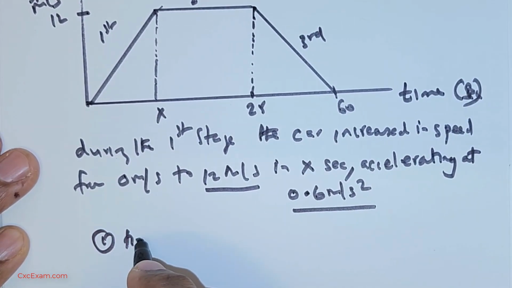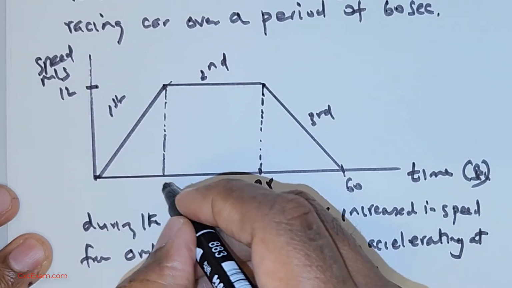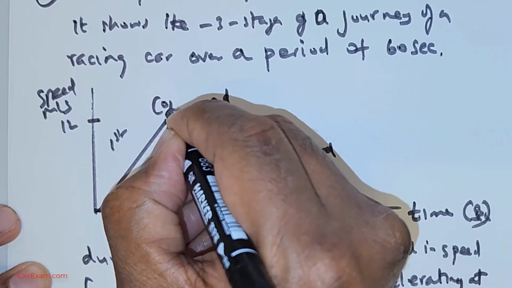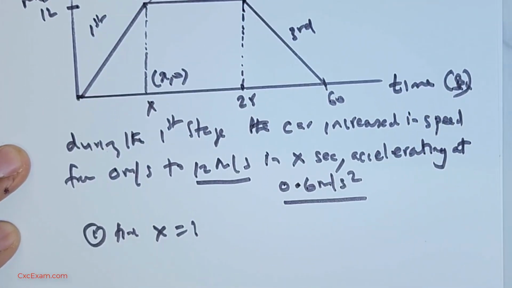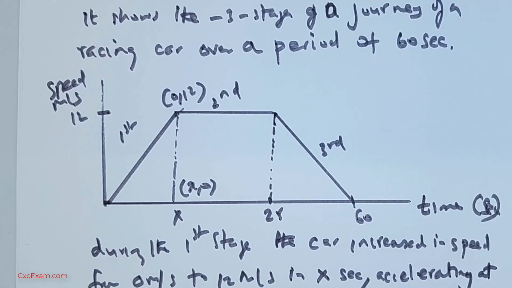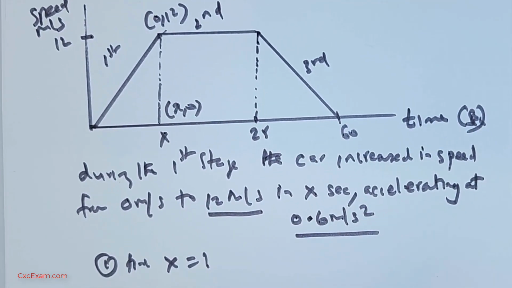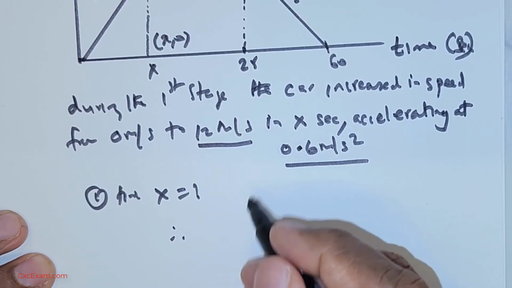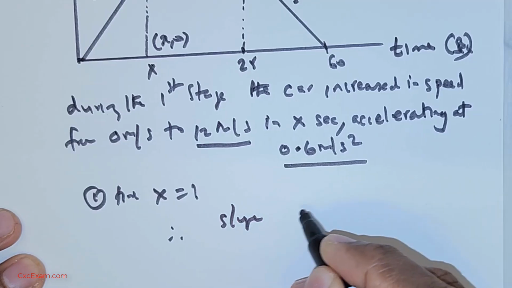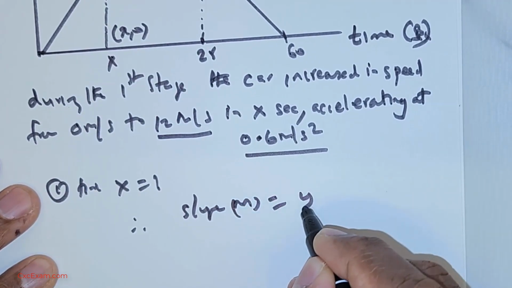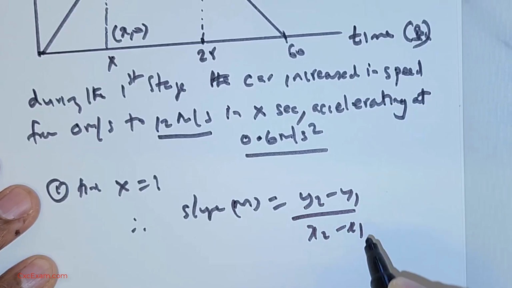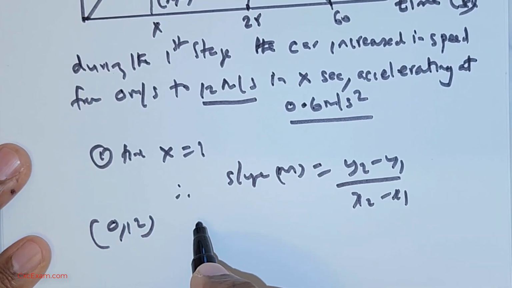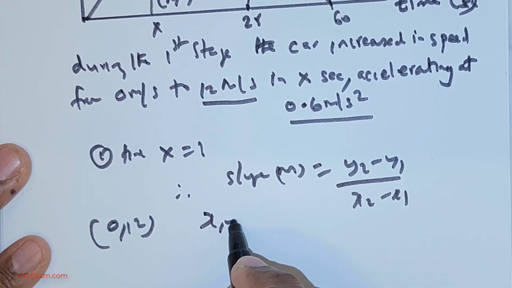Now the first question wants us to find x. What is x? Now if you were to see the coordinate here, this is x comma 0. This point is 0 comma 12. Okay, and this period is given as 0.6 meters per second. So therefore, if I were to find the slope, it is given as y2 minus y1 divided by x2 minus x1. So 0 comma 12 and x comma 0.